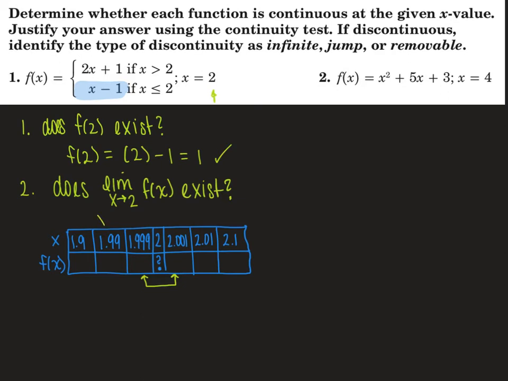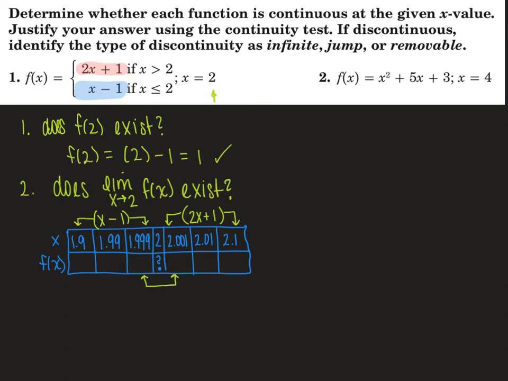We'll make that your x minus 1 pieces. And then for our second side over here, the right-hand side, those are the values greater than 2, so we're going to be using that piece, the 2x plus 1. I know this is a little confusing because not only are you learning this for the first time, there are little extra hard pieces going on here, but it'll just make you a stronger student.